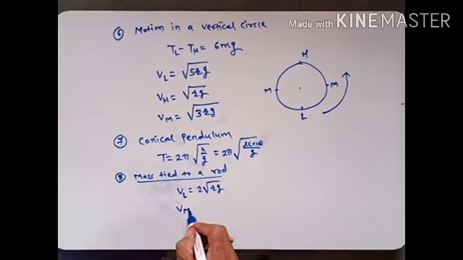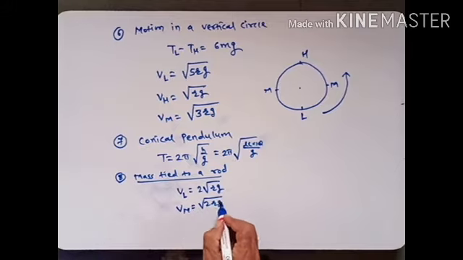Vm equal to root 2 rg. These are the velocities.